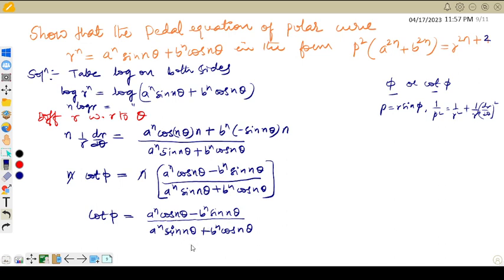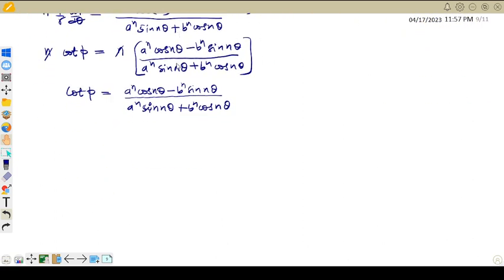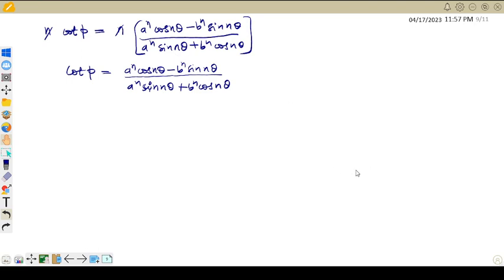So after getting cot phi in implicit notation, for that purpose we need to substitute cot phi. Students, we have p is equal to r sin phi, which is the length of the perpendicular from the pole to the tangent. You can square this and take the reciprocal.